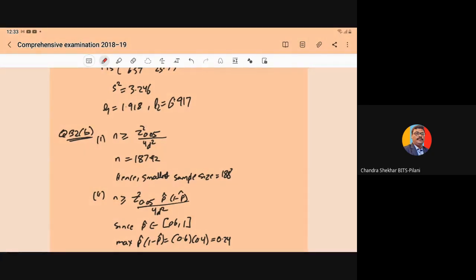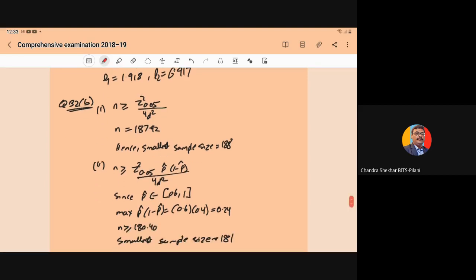By chance, if the proportion is known from the sample, you can write p cap. In that case, the formula will become n greater than or equal to z square at 0.05 p cap into q cap upon 4d square.